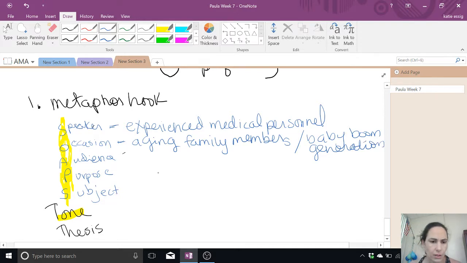Audience, who do you think is going to be reading your paper? Family members who need to make this decision about where to put the elderly family member. What's the purpose of your essay?